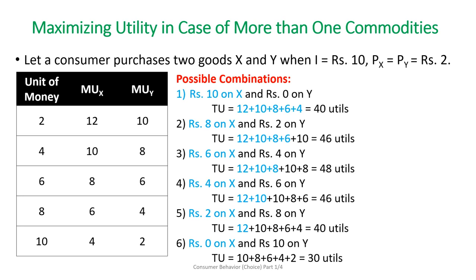The consumer's aim is to maximize utility, and we can see that the utility is maximized when the consumer purchases 3 units of good X and spends rupees 6 on it, and purchases 2 units of good Y and spends 4 rupees on it.